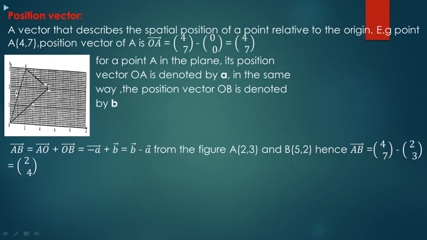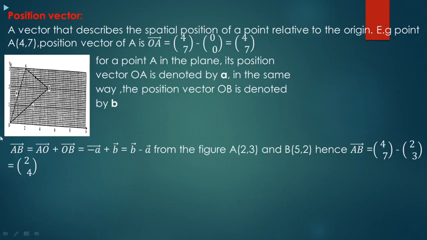From the figure, to get from A to B without going direct, we move from A to O, then O to B. So it is the AO vector plus OB in direction form. Remember, from O to A is a, so the reverse is negative a, plus the b vector, because we are going in the direction we are told about. OB is b. So it will be negative a plus b, which is the same as b minus a.